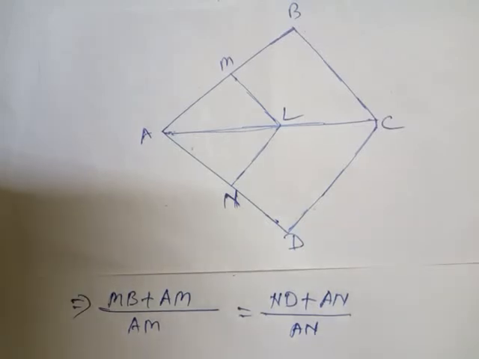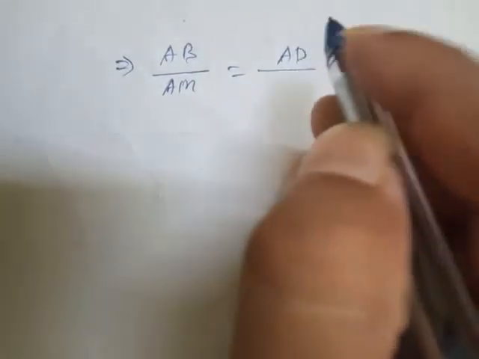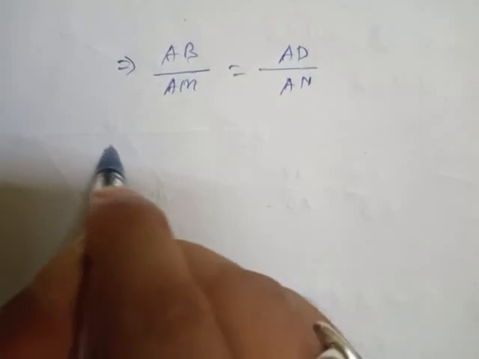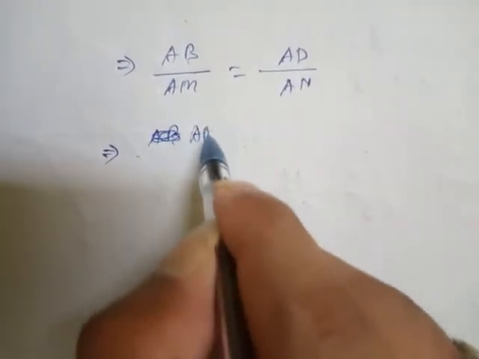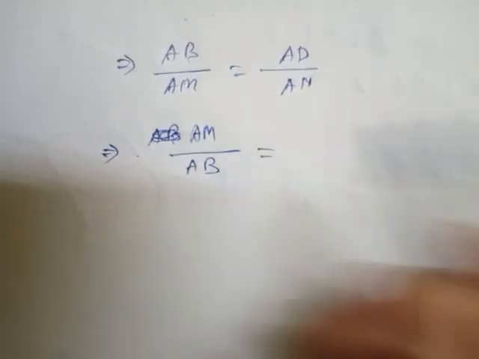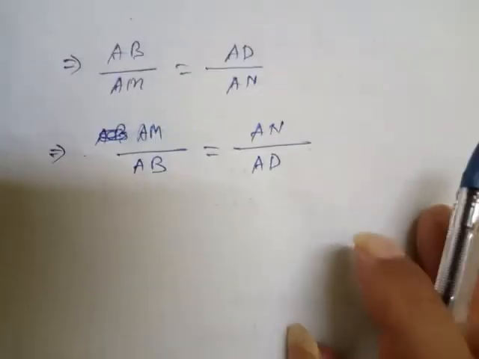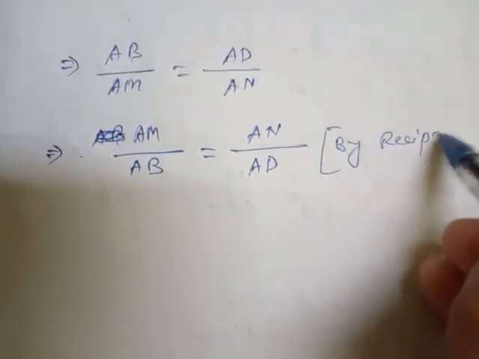Clear? Now after that we'll write that AB by AM equals AD by AN. Now students, if I go for the reciprocal again here, then here will be AM by AB and AN by AD. Again we'll write here by reciprocal.